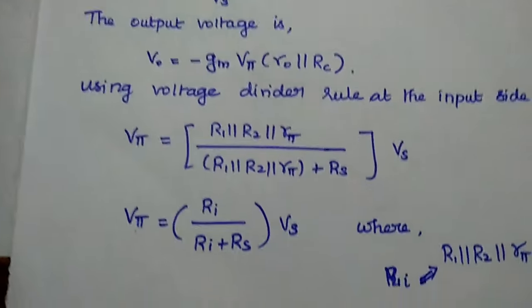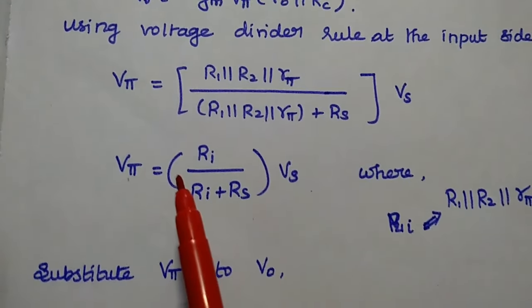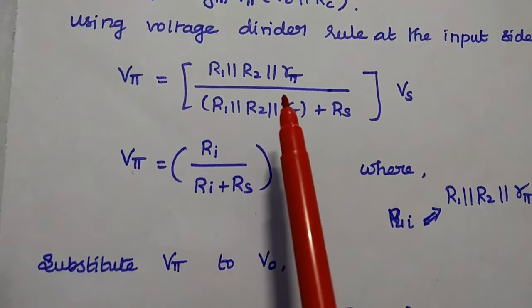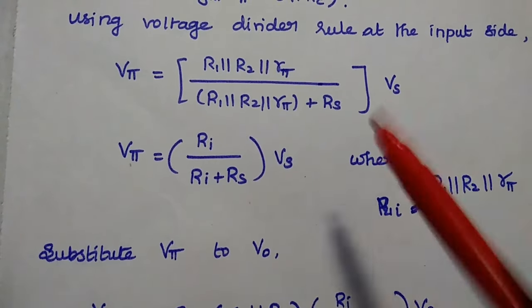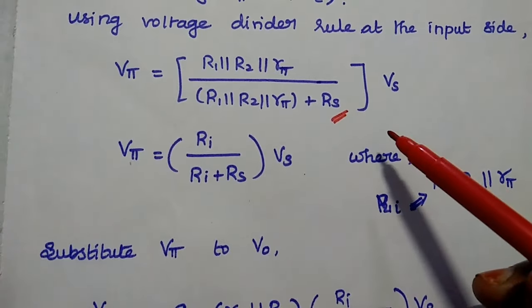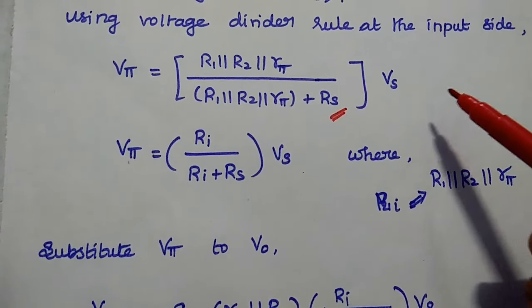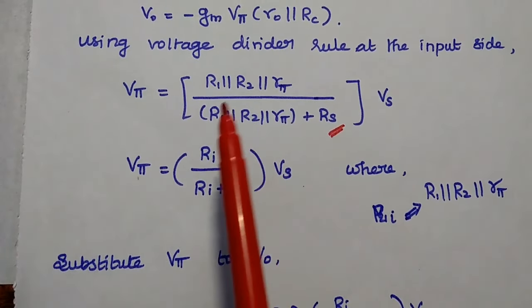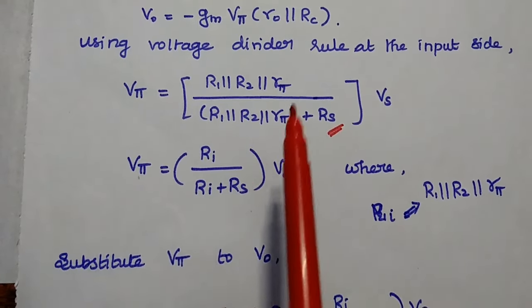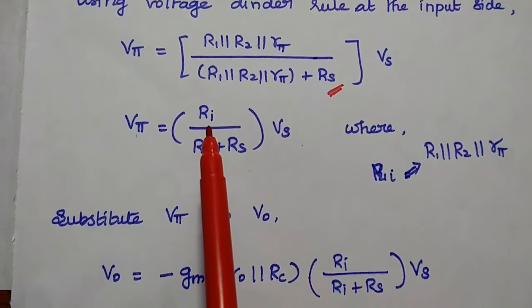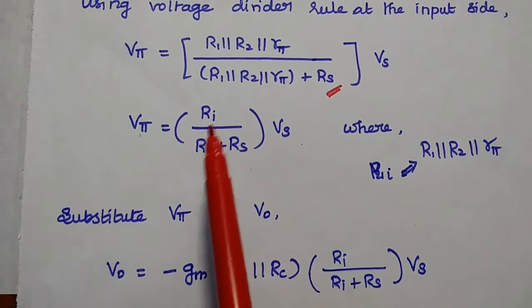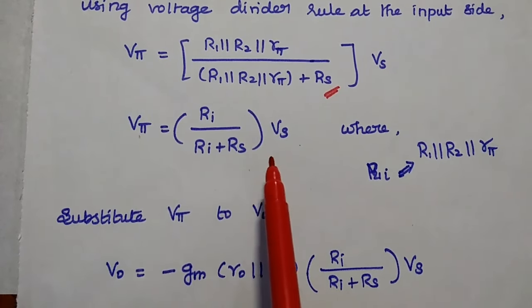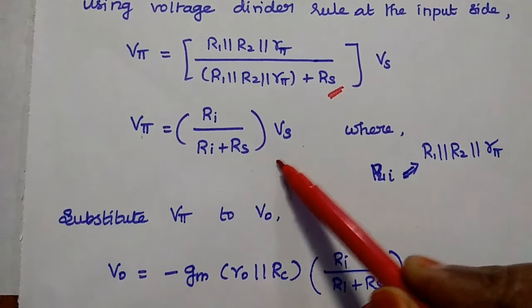So that's what given here. V pi is equal to R1 parallel with R2 parallel with R pi divided by this value plus Rs. Here we have to include the source resistance, multiplied with Vs. So in this, the parallel combination of R1, R2, R pi represents the input resistance Ri. Then we can write V pi is equal to Ri divided by Ri plus Rs into Vs. So this is the V pi value.